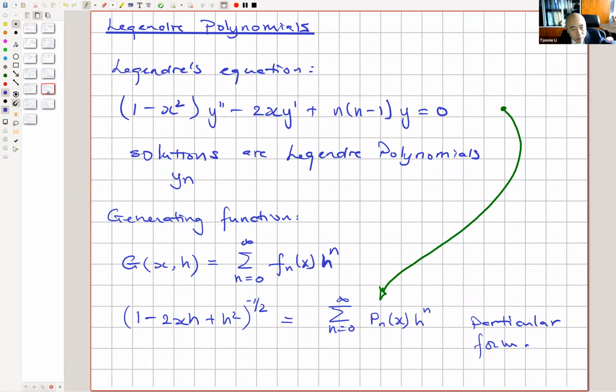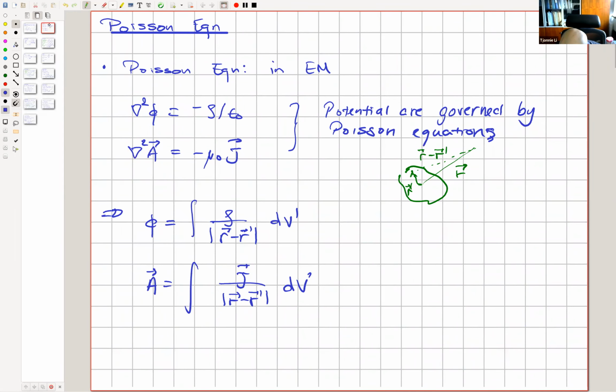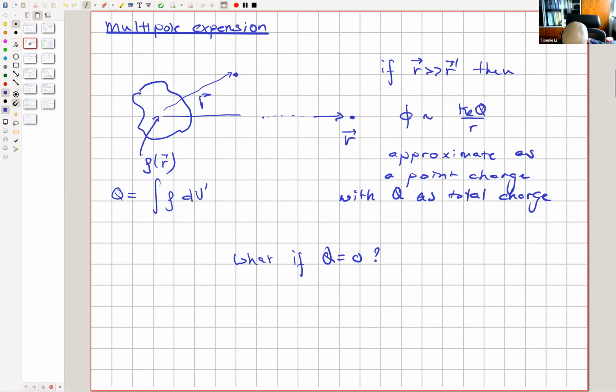I can calculate the monopole contribution, the dipole contribution, the quadrupole contribution. These are ways to get solutions for when I'm far away from the source. When I'm far away, I typically only need to take the first non-zero order, or maybe the first two non-zero orders, in order to approximate it in a good enough way.